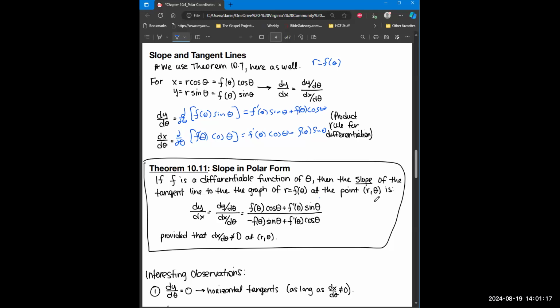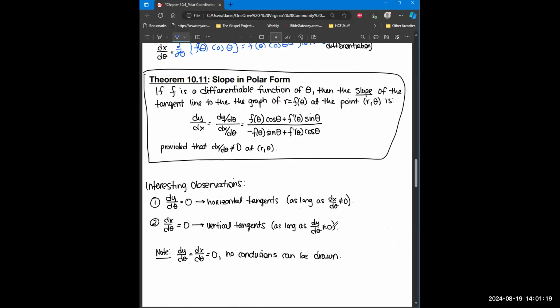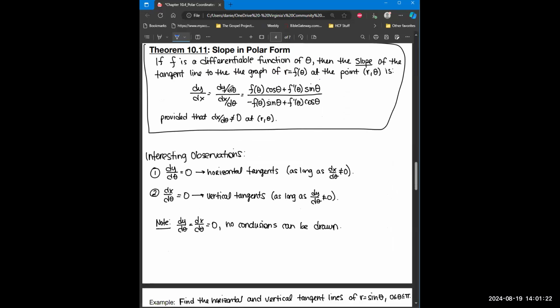Now, two observations here. If dy d theta is 0 and dx d theta is not 0, then I have 0 over a non-zero number, which gives me 0 for my dy dx, and I have a horizontal tangent line. If dx d theta is 0 and dy d theta is not 0, then I have a non-zero number over 0, which gives me an undefined slope, and that's a vertical tangent line.